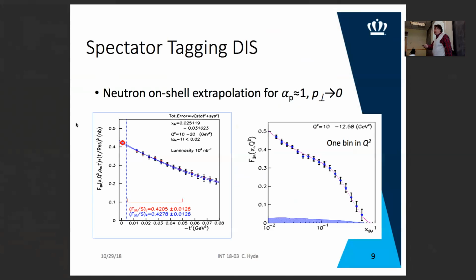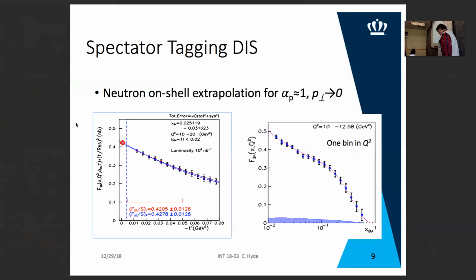But we have a great deal of understanding of final state interactions at these low momenta. We know how to explore kinematic domains where they're predicted to be very small versus kinematic domains where they're expected to be large. This is an extrapolation for alpha less than 0.02, and this is basically the p-perp variable of the proton, in a simulation going all the way down.